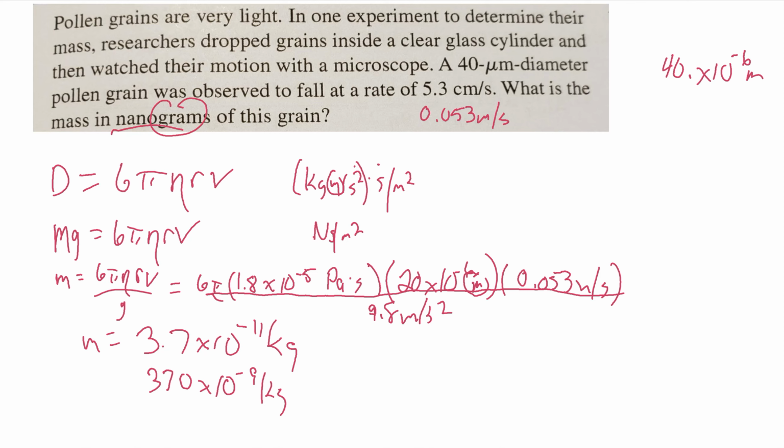I want just grams, right? So I actually want to move my decimal back a little bit. How far? 2, 3 places. So you're going from kilograms to nanograms? We have times 10 to the negative ninth kilograms.